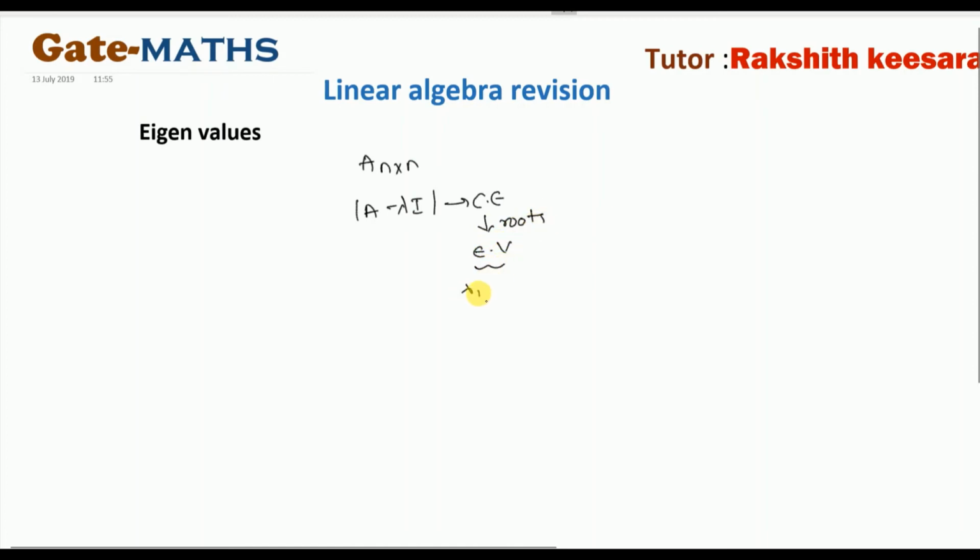If lambda 1, lambda 2, lambda 3 are the eigenvalues, for each eigenvalue there exists an eigenvector. X is called the eigenvector. Suppose for lambda 1, (A minus lambda 1 I) into x equal to 0. Let this be x1. There exists an eigenvector. And for the value lambda 2, there exists another vector. Similarly for the value lambda 3.